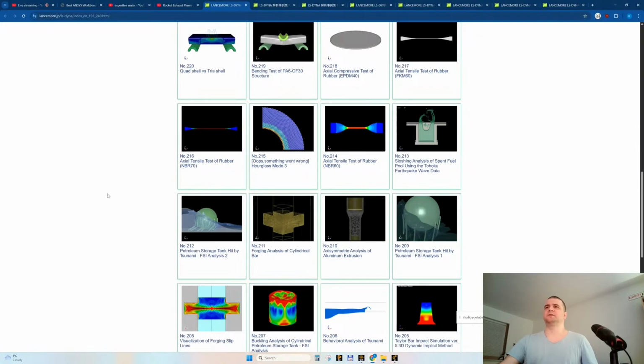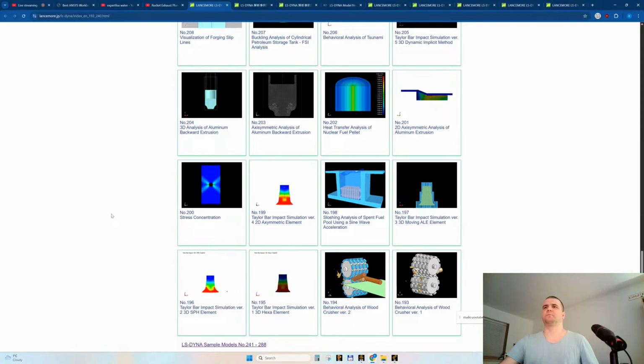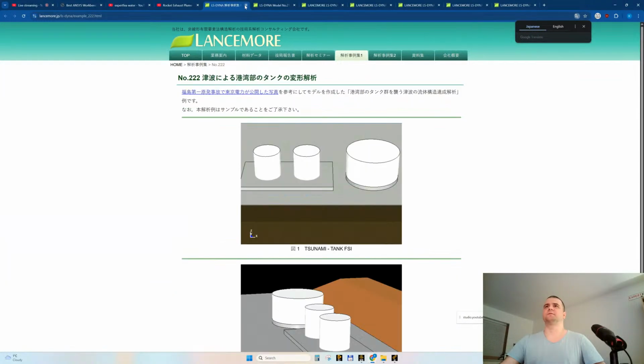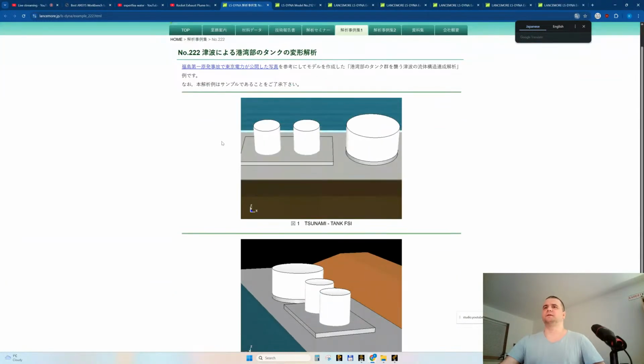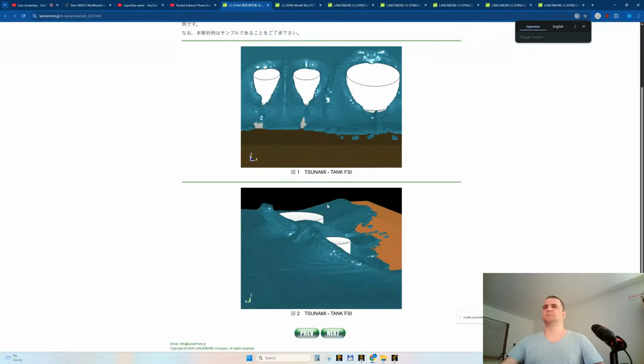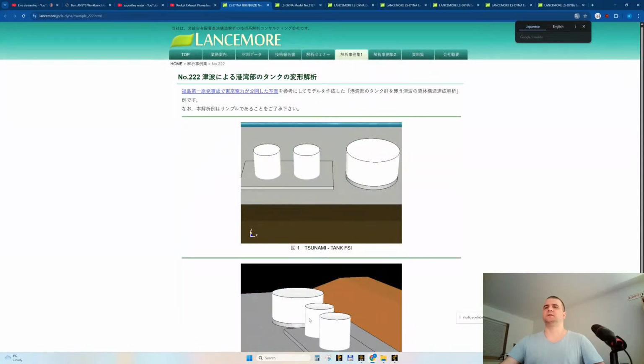I took the inspiration about tsunami from this website, only by judging their results. This is like a seismic simulation or something, but it's too slow for my taste. So this is the tsunami, which pushes maybe some tanks, but they are held in place, they are fixed.